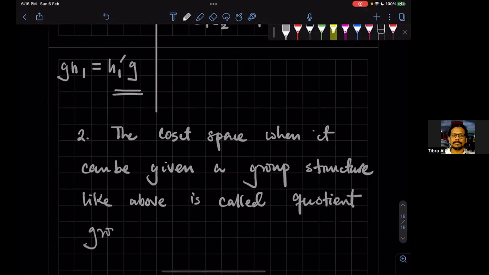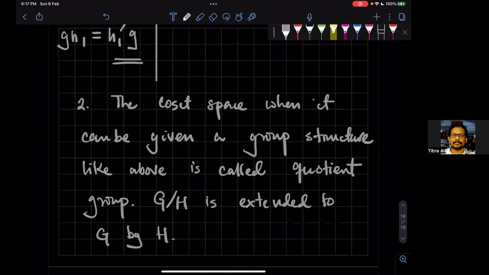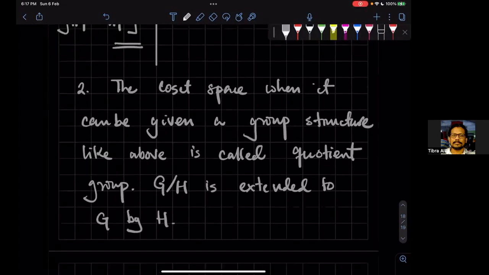A quotient group. Okay, so it's G by H. Just jargon.